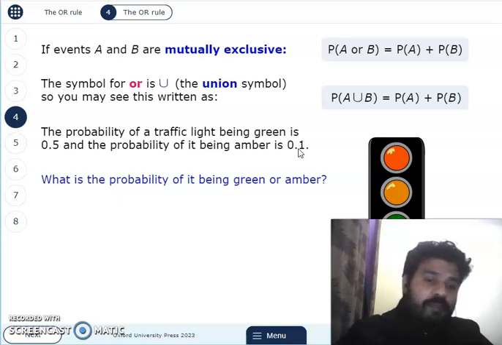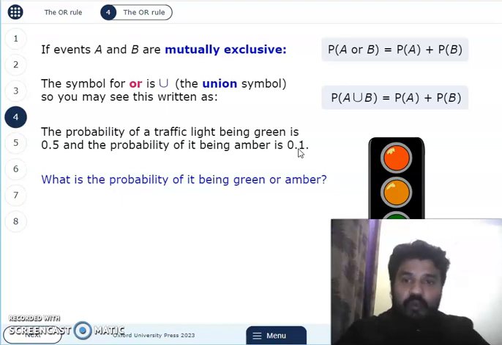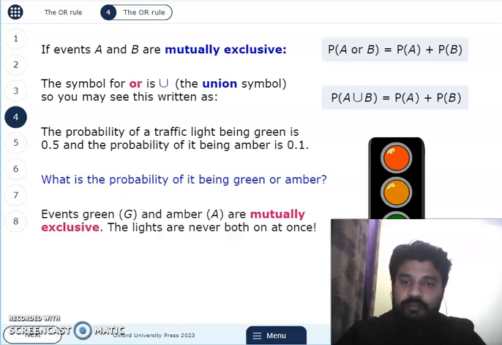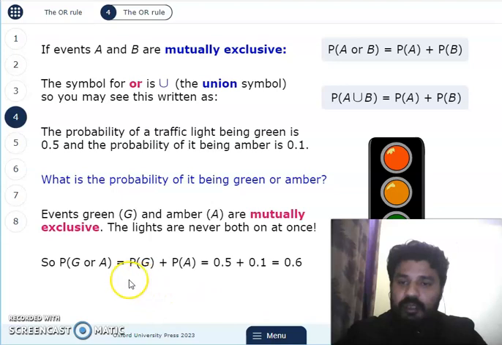So these two events are mutually exclusive. So what is the probability of it being green or amber? I'm supposed to just add both the probabilities. So P(G or A) is equal to P(G) plus P(A). So 0.5 plus 0.1 is equal to 0.6.